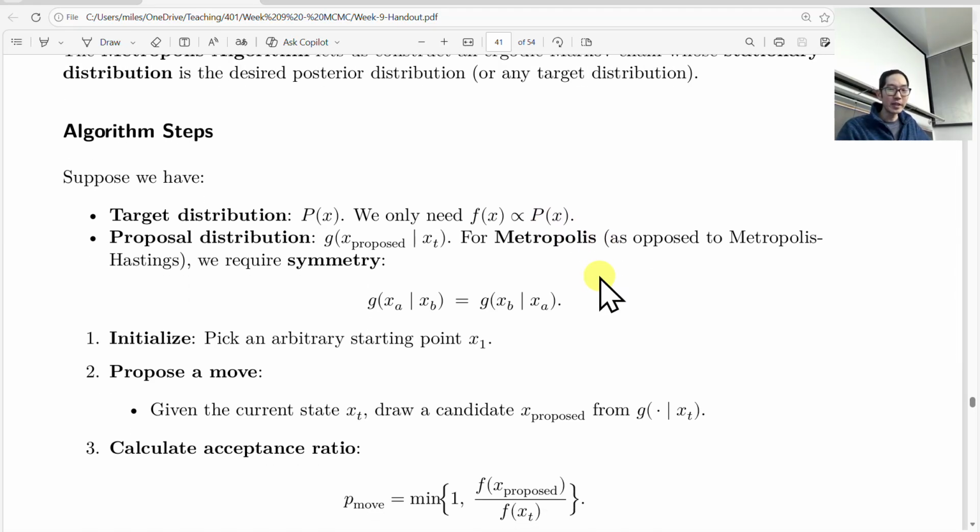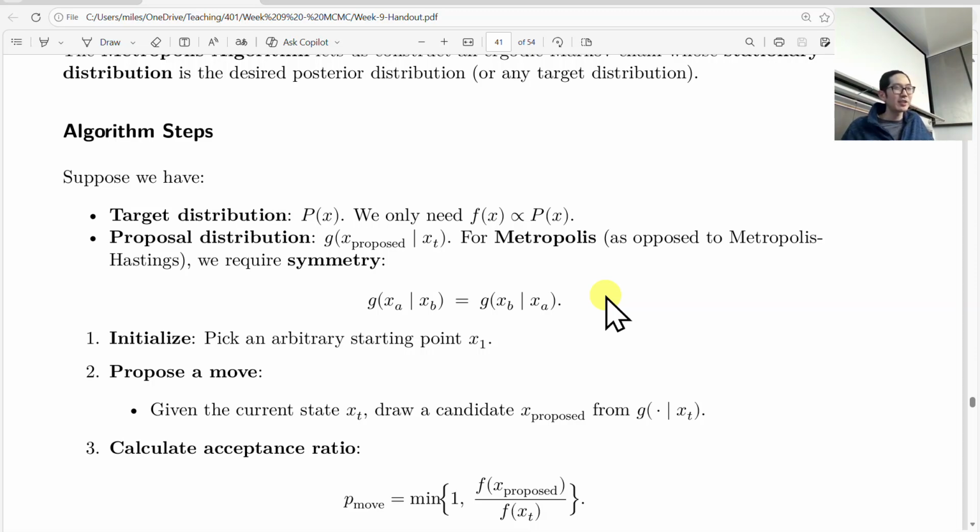The way we're going to design our Markov chain so that it ends up sampling from this target distribution is we need a way to propose values. So we have a proposal distribution. There's the Metropolis algorithm, and there's the Metropolis-Hastings algorithm. Metropolis says your proposal distribution needs to be symmetric.